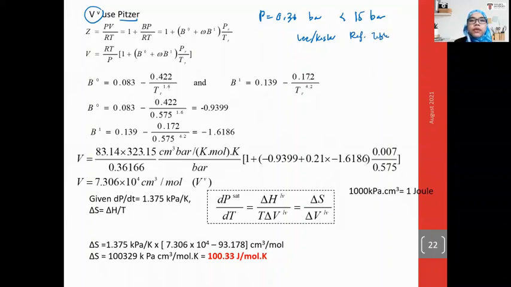So using the virial equation here, you may use this equation or the Pitzer one. First you need to determine based on PV equals ZRT, so V equals ZRT over P. So we need to define the Z, P, and all the information. Finally, you can insert to obtain V for the volume.